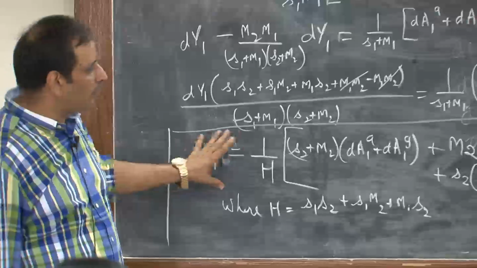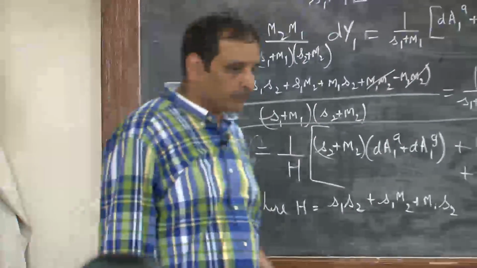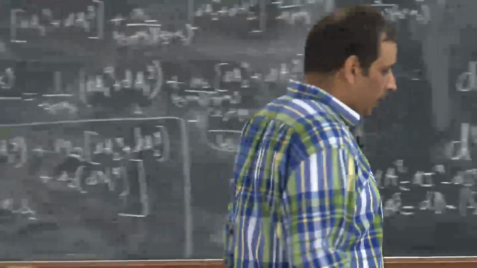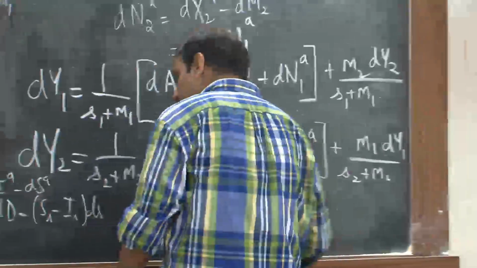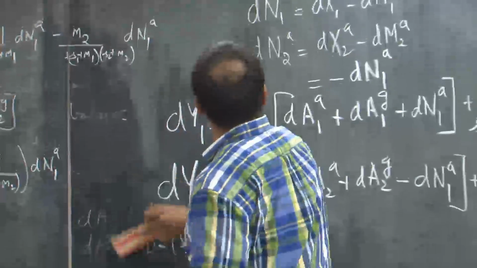Similarly, if you solve for dy2, you can always get the incomes of the second country.